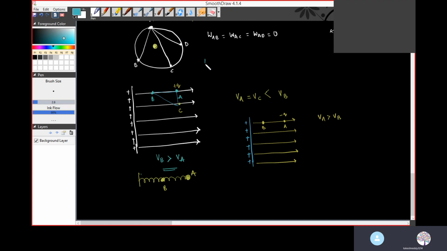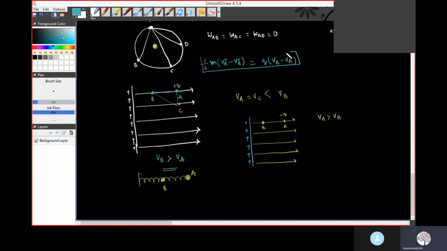The loss in kinetic energy, half m (VA squared minus VB squared), is converted into gain in potential energy, Q into (VB minus VA). I use conservation of energy here. VB has greater potential.